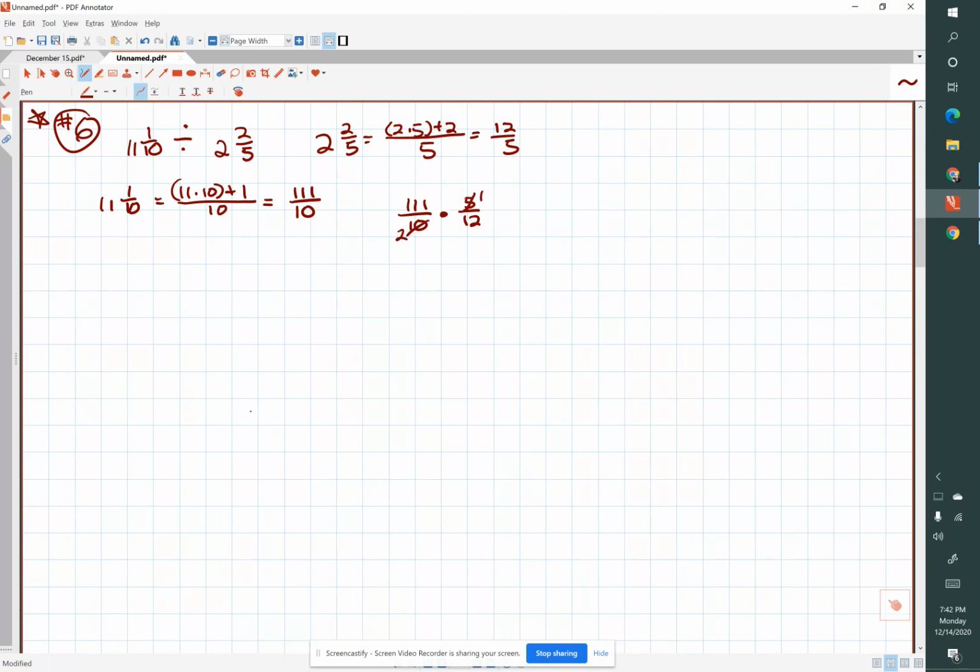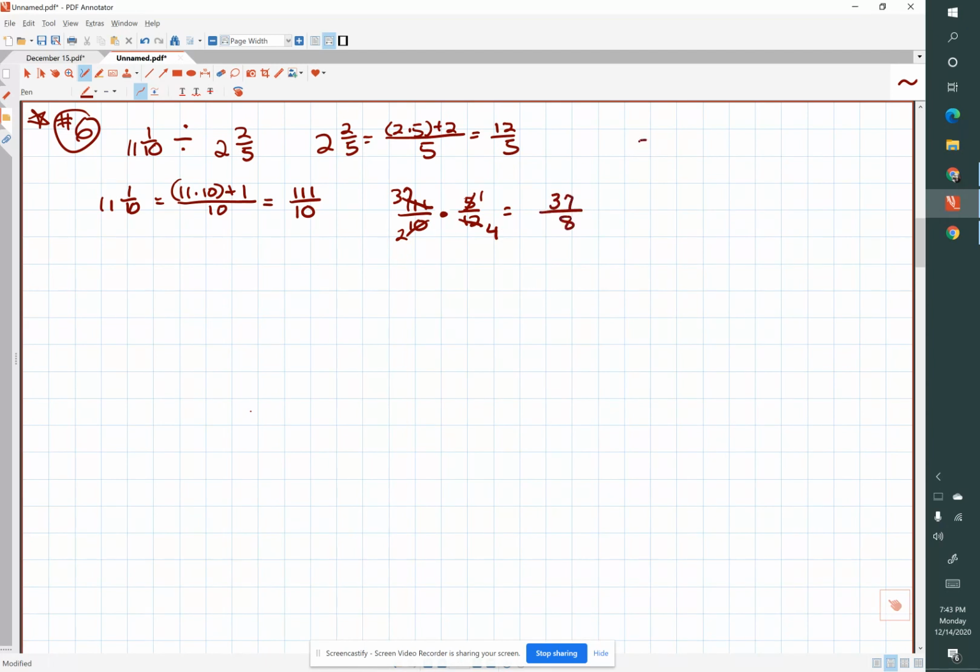And see if 111 is divisible by anything that 12 is also divisible by. Yeah, 3. We can divide 12 by 3 is 4. 111 divided by 3 is 37. So if we multiply across 37, 2 times 4 is 8.